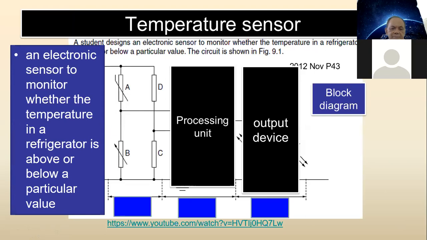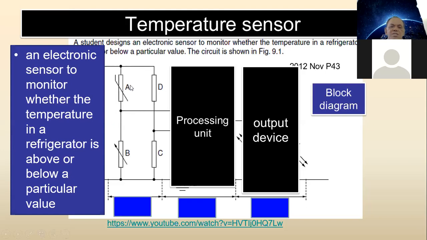Previously, we looked at this example. There's your sensing device, the thermistor. It senses a change in temperature in the refrigerator. These two resistors are a potential divider, keeping a constant potential across here. As the temperature changes, the sensing device's resistance changes.